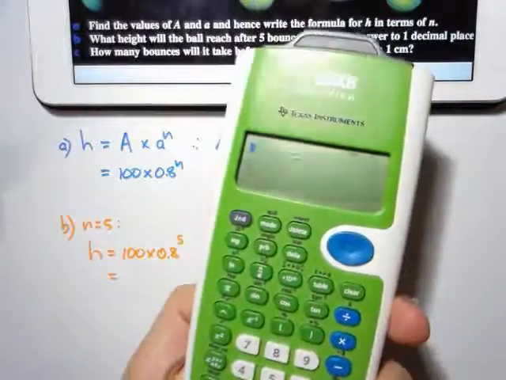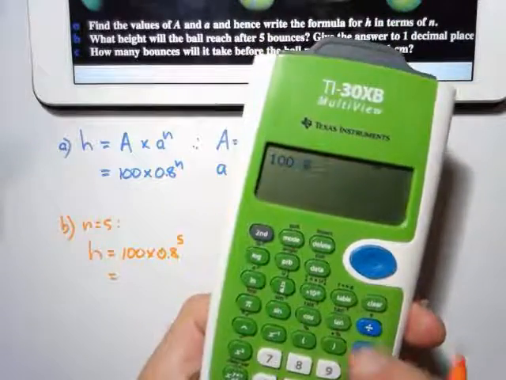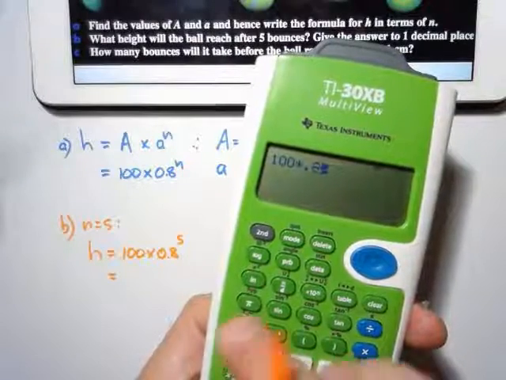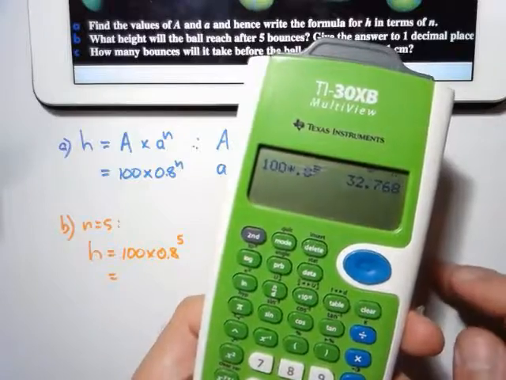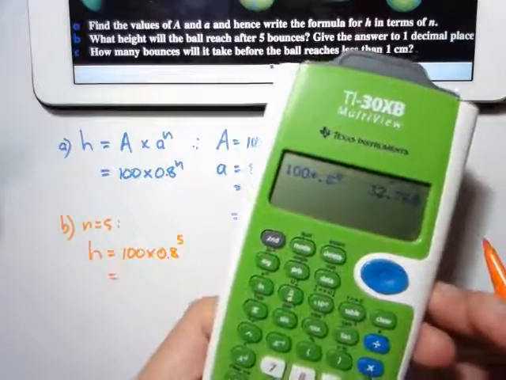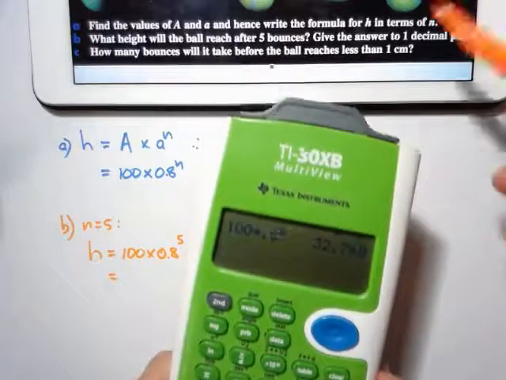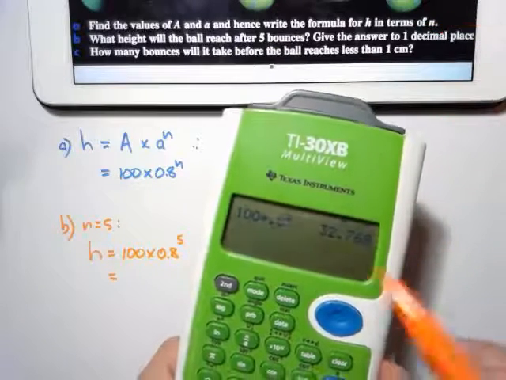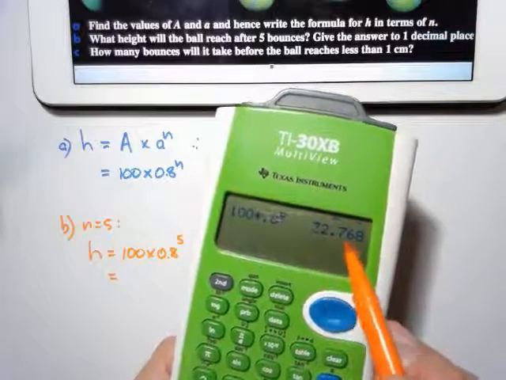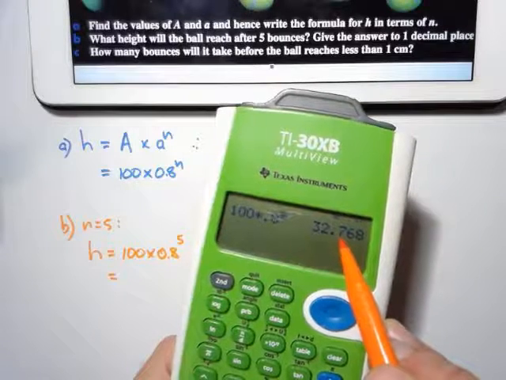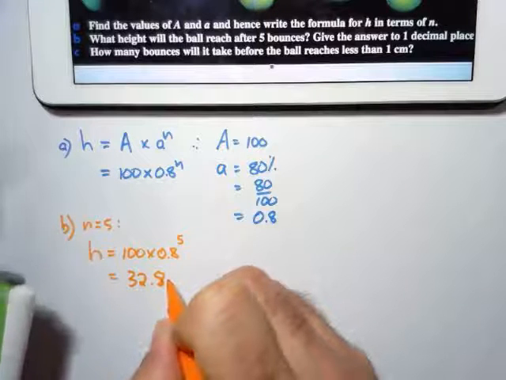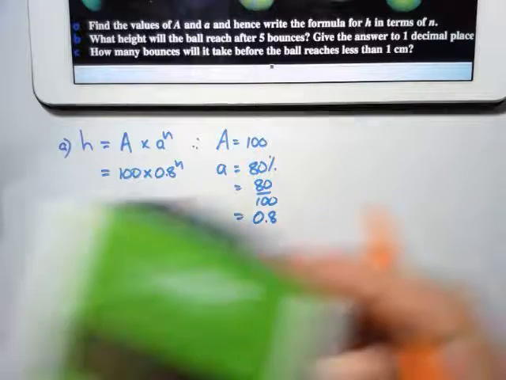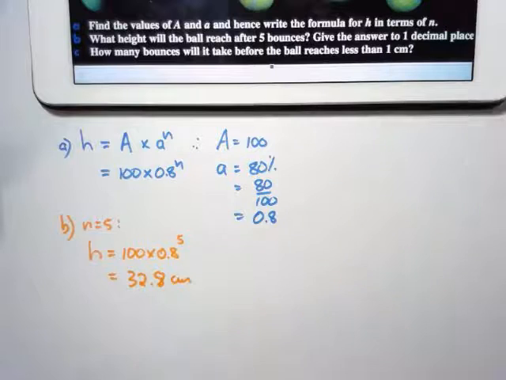That will be 100 times 0.8 to the power of 5, and my answer is 32.768. Just make sure the question says to 1 decimal place, so that will be 32 point, that 7 will become an 8, so it will be 32.8 centimeters.